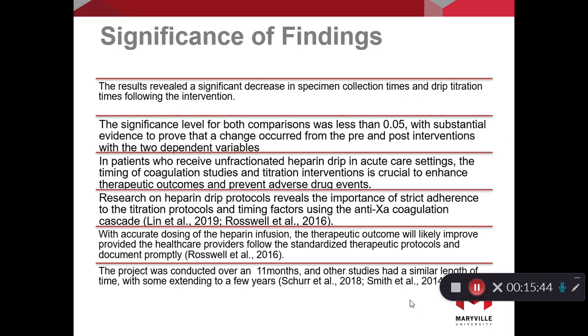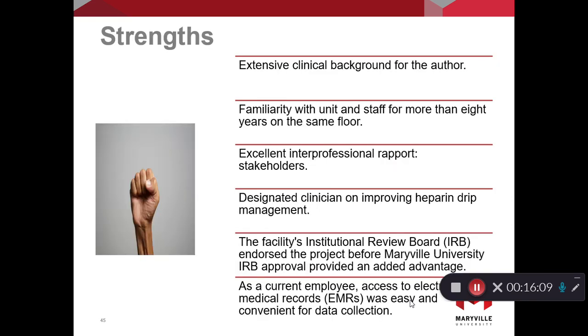The project was conducted over 11 months, and other studies with similar lengths of time extended over a few years. In patients who receive unfractionated heparin drip in acute care settings, the timing of coagulation studies and titration interventions is crucial to enhance therapeutic outcomes and prevent the risk of adverse drug events.